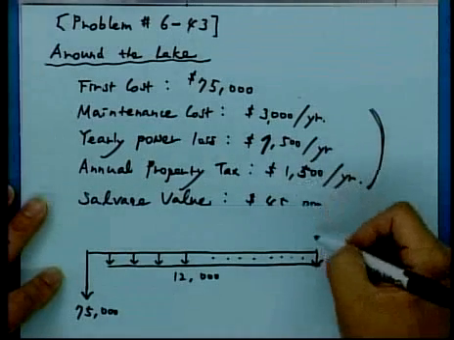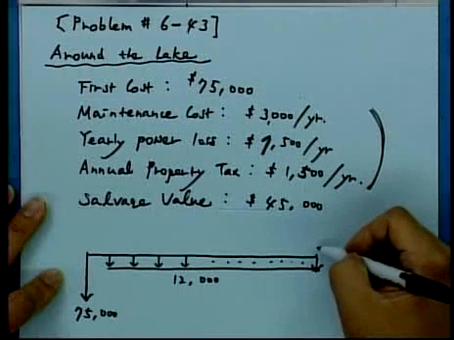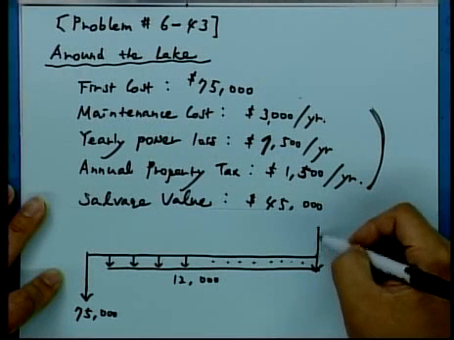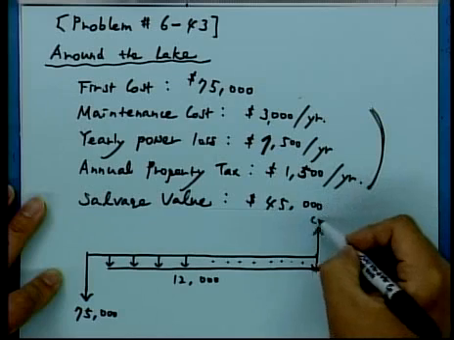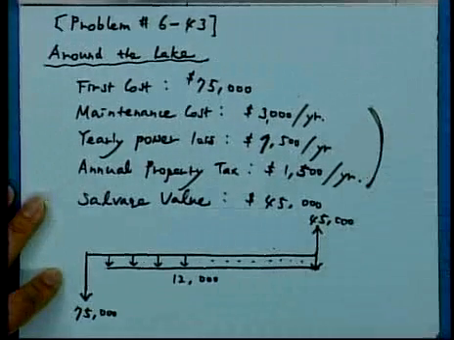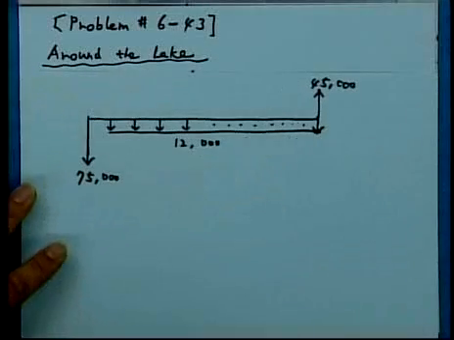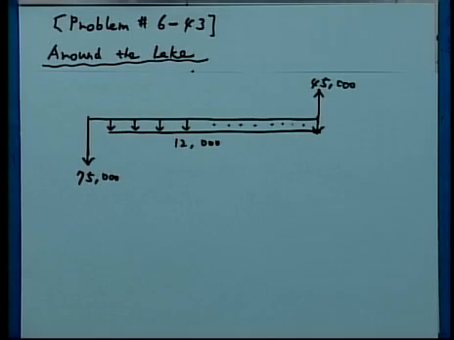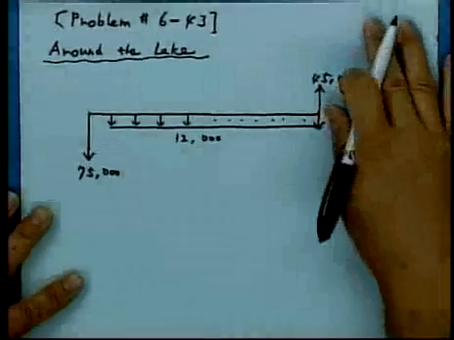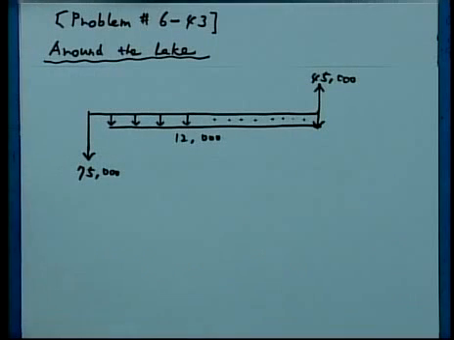And at the end of the 15 years, there is a salvage value of $45,000. Okay? So if the power line is routed around the lake, the cash flow diagram would be like this.